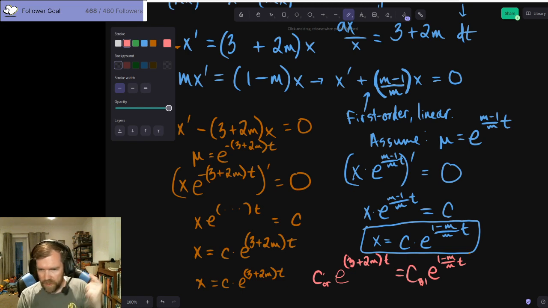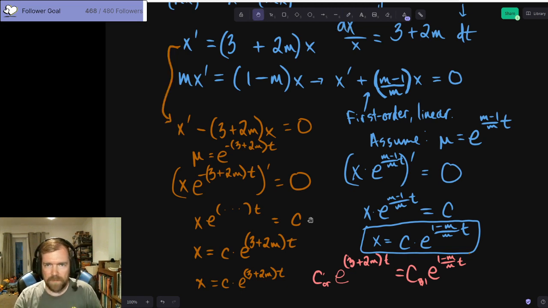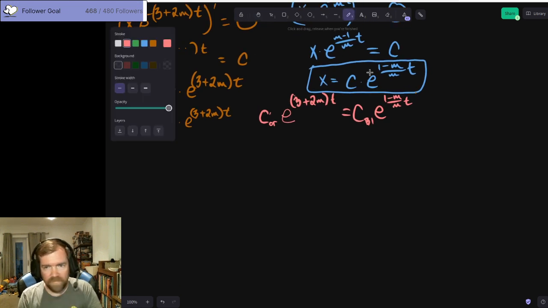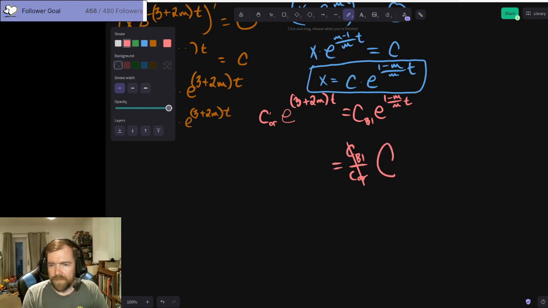Let's keep the 2 positive, maybe? 2m. So that's going to be C blue over C orange, which now just becomes some C. Just do like a C brown. I don't know if that's brown or not, but that'll work.